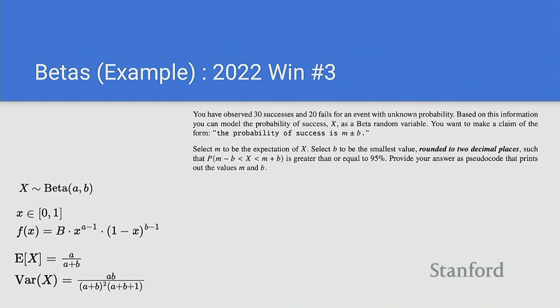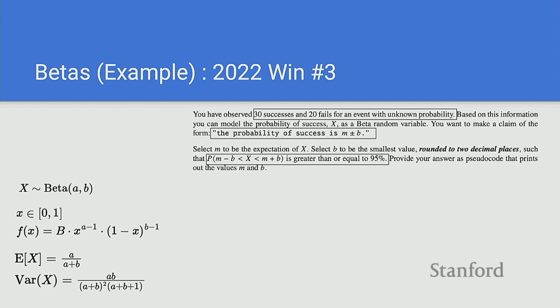Here are some key points that I had on the first pass of this problem, but looking at it again this morning when I didn't have time to edit the slides, there's another one. The bolded part that I forgot to box in: rounded to 2 decimal places. What this typically means is somewhere in your pseudocode, you'll be doing a grid search. What does that mean?